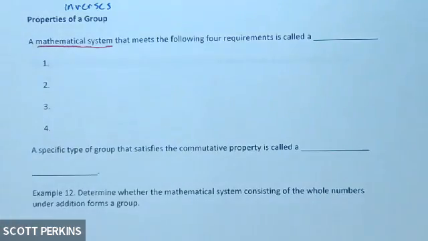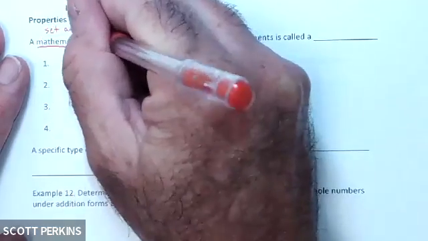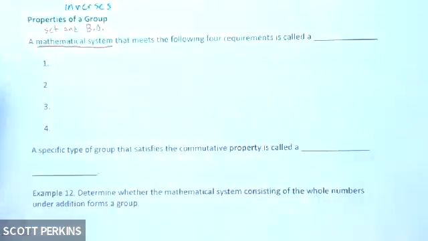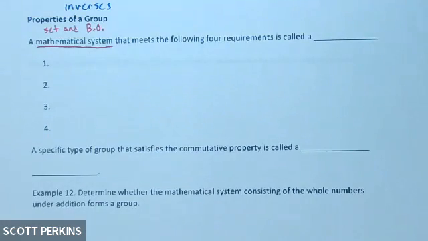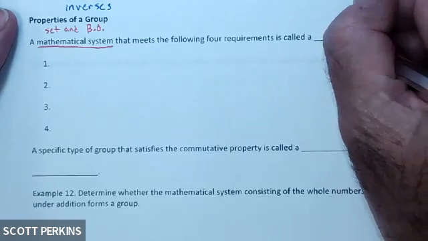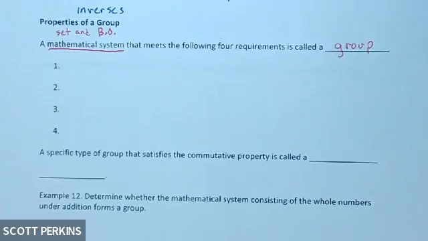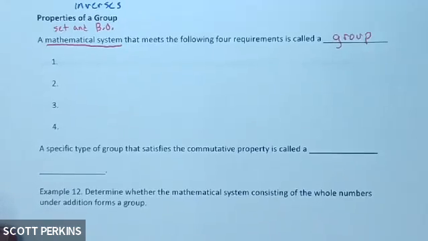A mathematical system is a set and a binary operation. A mathematical system that meets the following four requirements is called a group. This is a special mathematical object that has good properties that make it fun to use and have application when it is a group.